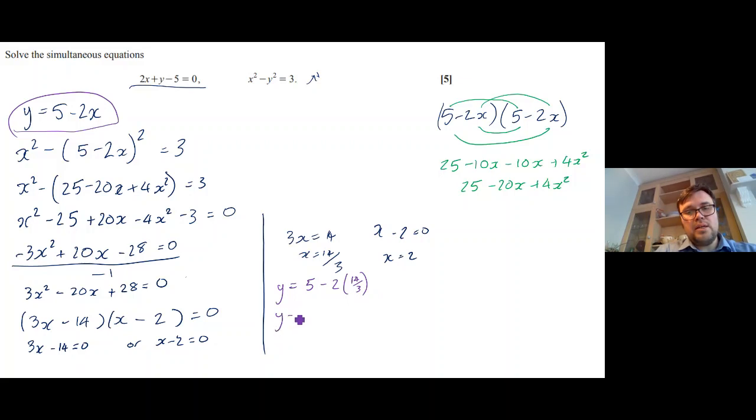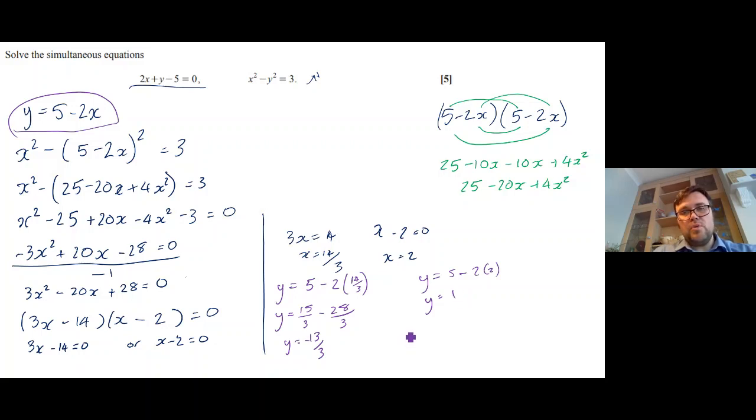So y is equal to, you've got calculators, so you can stick this straight in. 15 divided by 3 is 5, and that is minus 28 divided by 3, which will give me an answer of minus 13 over 3, so y equals minus 13 over 3 is my one coordinate, and then y equals 5 minus 2 times 2, y equals 5 minus 4, which is 1.